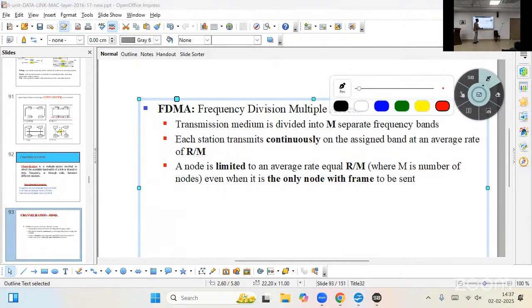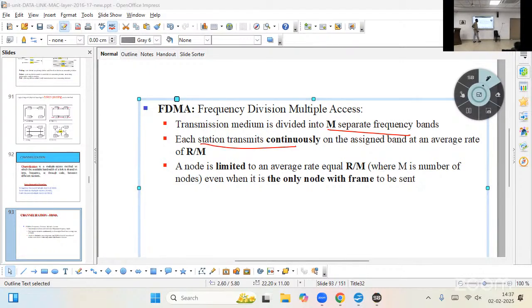They are allocating what? Frequency. Based on the frequency, they will communicate. Each station that wants to transmit data communicates based on its frequency. That is used for FDMA.